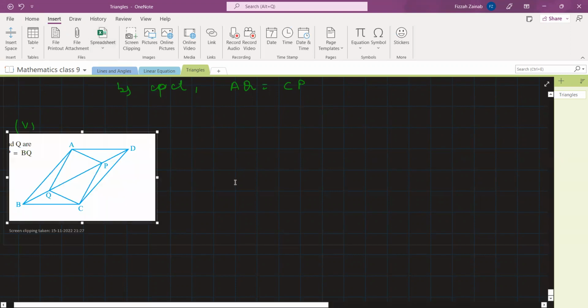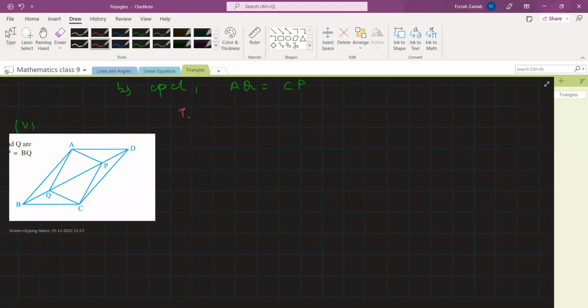See, this is the diagram. Okay, this is the figure. Now this time, in the fifth part, you have to show that the inner quadrilateral APCQ is a parallelogram. Understand? That means this one, APCQ. You have to show it's a parallelogram.